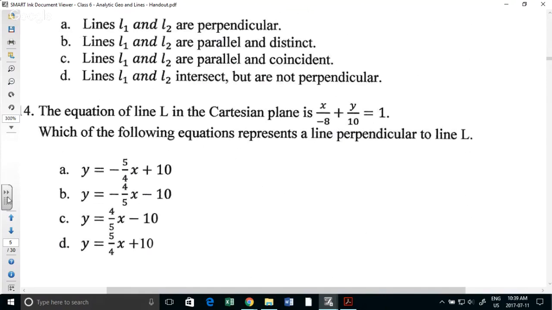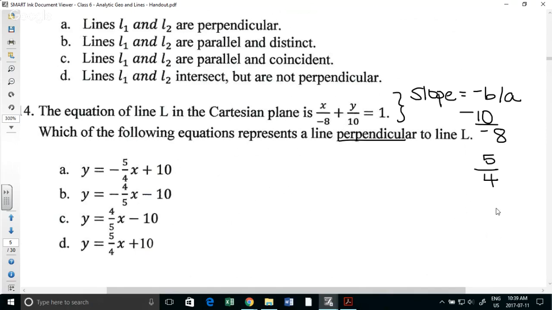Here you need a line that is perpendicular to this line. If we remember, perpendicular means negative reciprocal slopes. So in this case, we need the slope of this, which is negative B over A. So I have negative 10 over negative 8, which is 5 over 4.